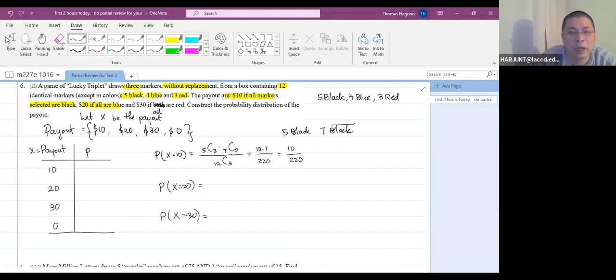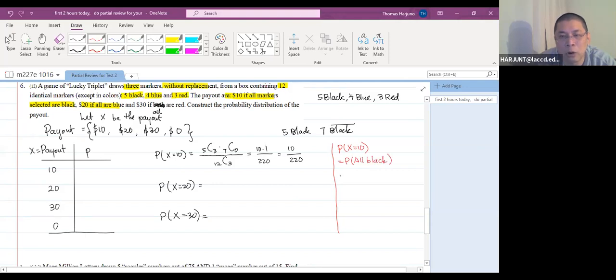There's another way to compute the probability that the payout is 10. The probability that the payout is 10 is the same event as when you get all 3 black, right? Because all of them are the same color, it doesn't matter the order as long as all of them are black. So you can do it one by one. The probability the first one is black is 5 over 12.